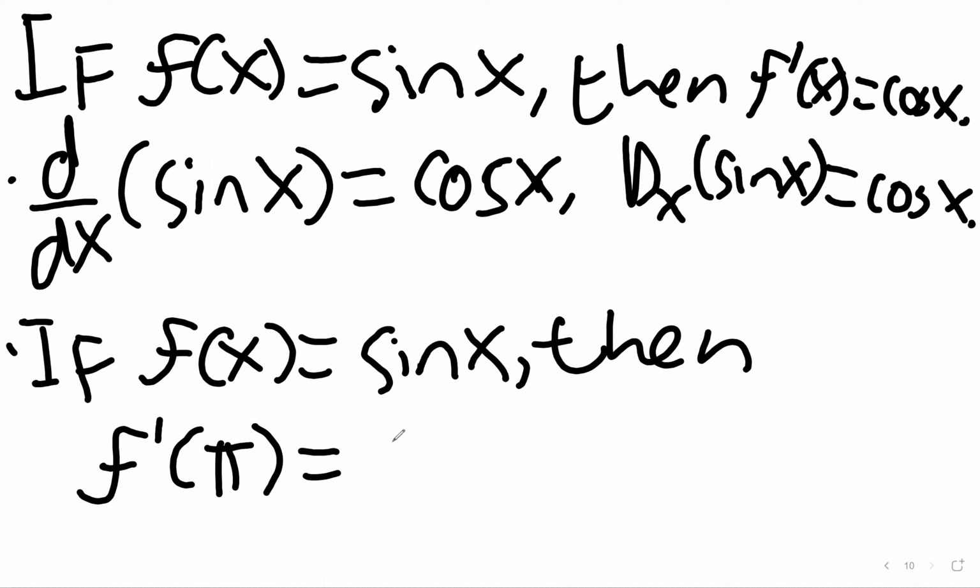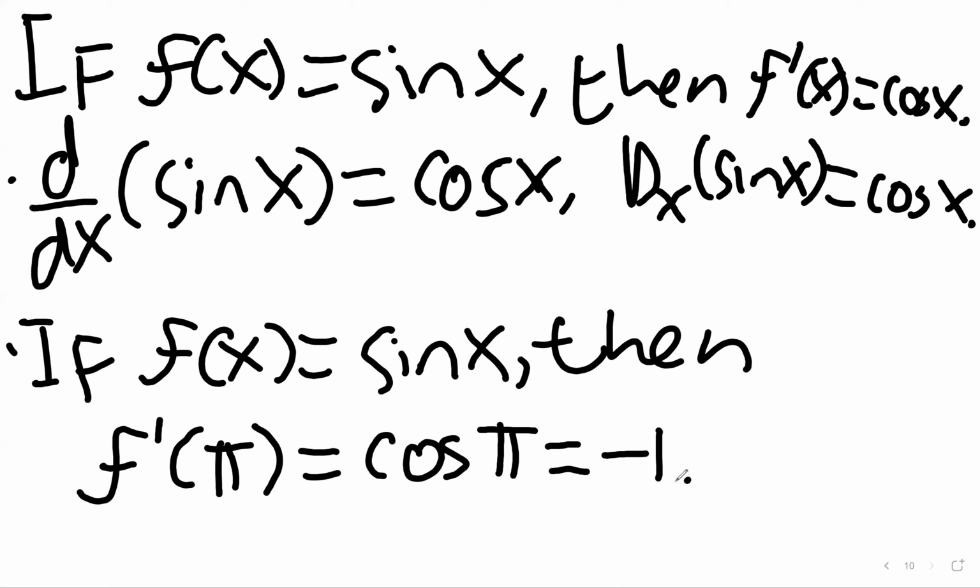So f prime of pi will be cosine of pi, and cosine of pi is minus 1. As a particular case. Of course you can replace pi by any number, because the cosine function is defined on the real line.